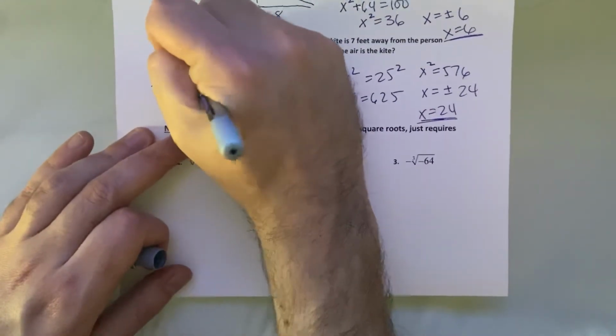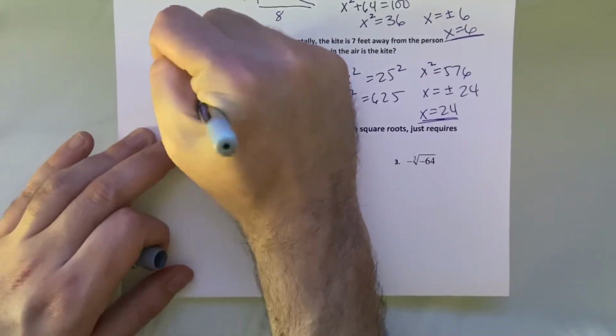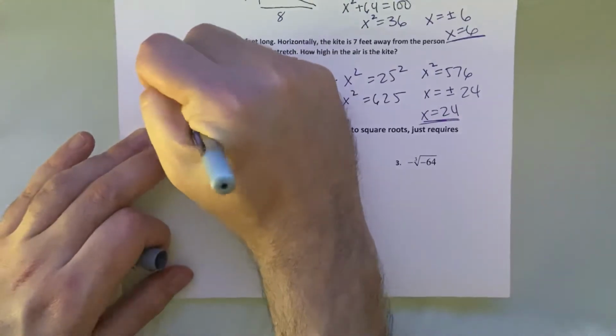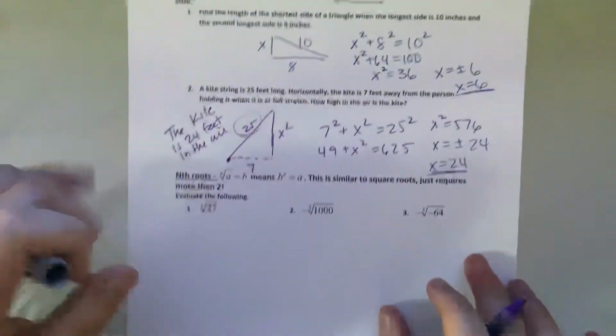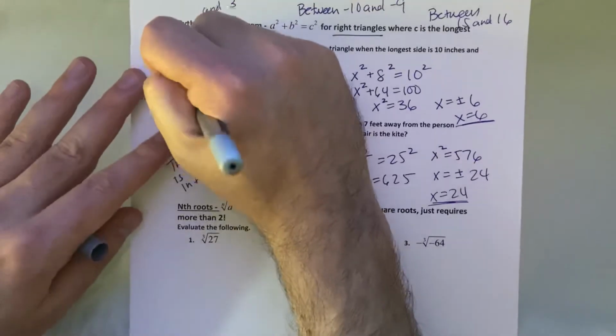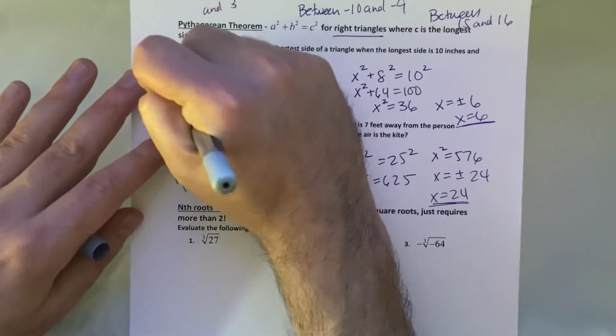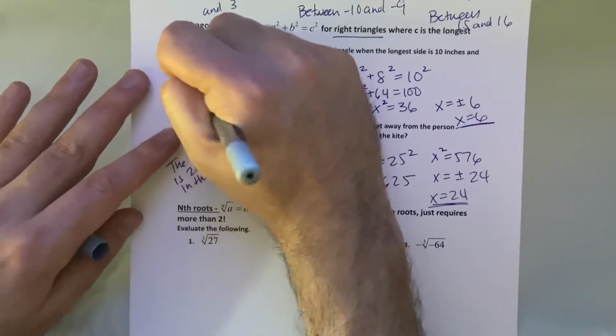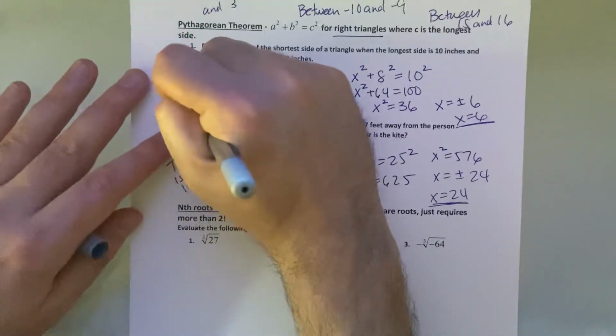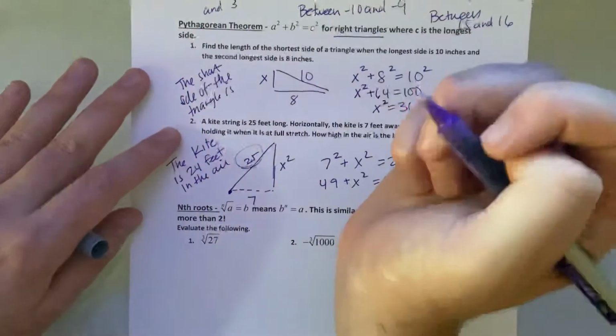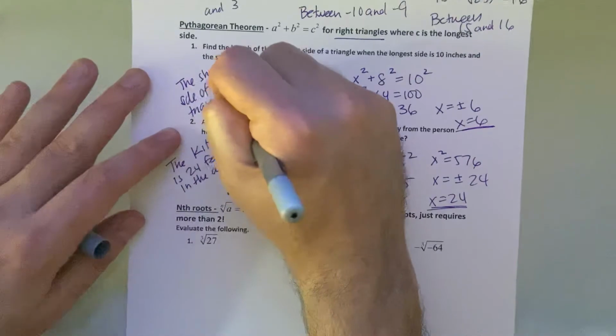We should have a word answer. The kite is 24 feet in the air. We could argue the same thing for up here, the short side of the triangle is 6 inches.